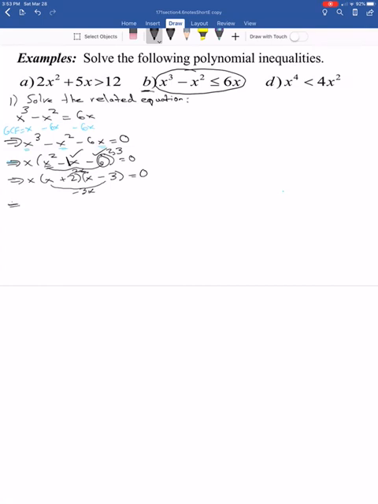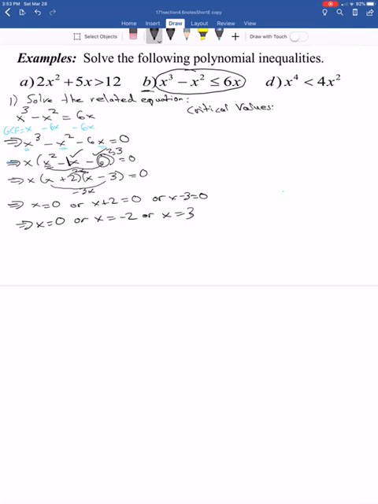With that said, we can see our 3 zeros. That implies x equals 0, x plus 2 equals 0, or x minus 3 equals 0. So our 3 zeros are 0, negative 2, or 3. So those are our critical values for this polynomial inequality.